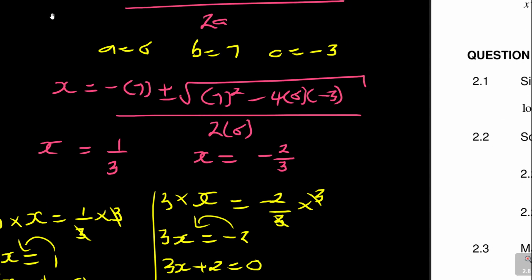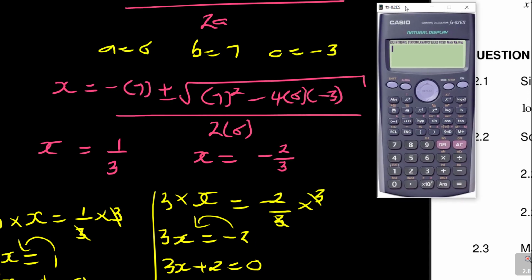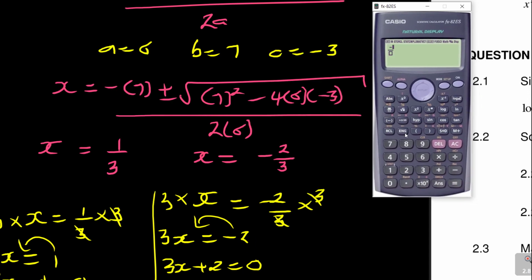Let's go back to the quadratic equation. I think I saw it, but I ignored it. I think it was here. It was 3 over 2. Let's try that. I saw it, but I was like, what if I'm correct? Now, this is 7 squared. I'm back to the quadratic formula. Minus 4, 6, and negative 3, all over 2 into 6.